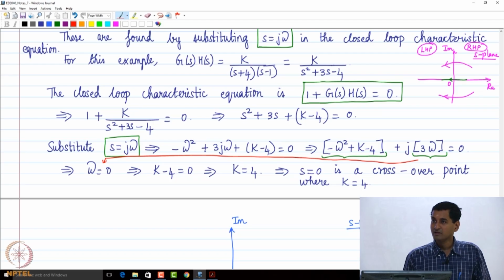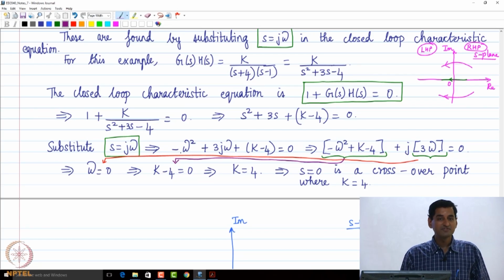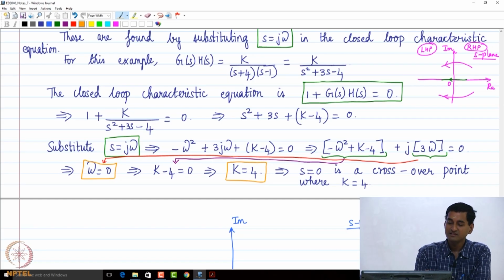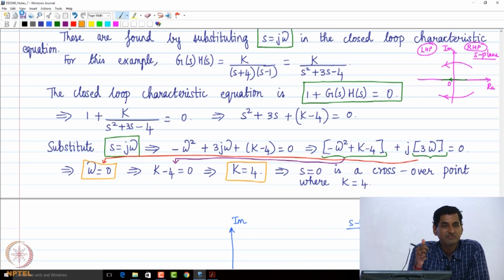A crossover point. But once again we need to check the value of k, whether it's positive or negative. So now process the real part. If I substitute omega equals 0 in the real part, I get k minus 4 equals 0, or in other words k is equal to 4. So omega equals 0 and k equals 4 is a potential solution of the closed loop characteristic equation when we are searching for a crossover point.